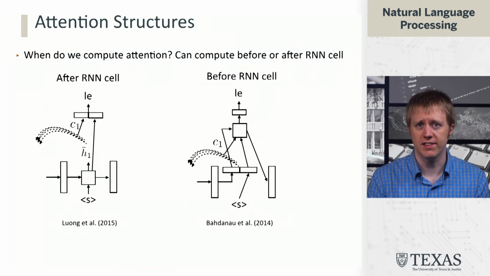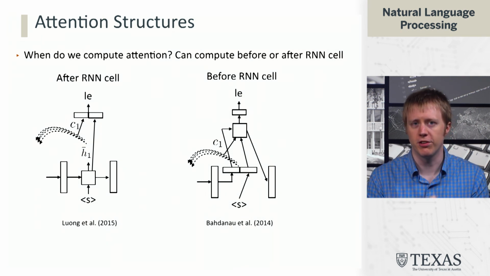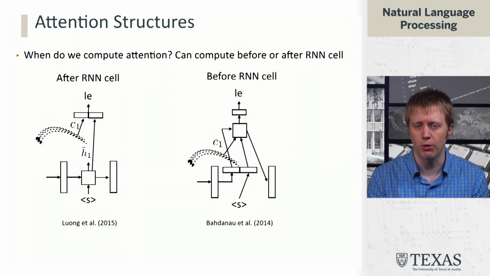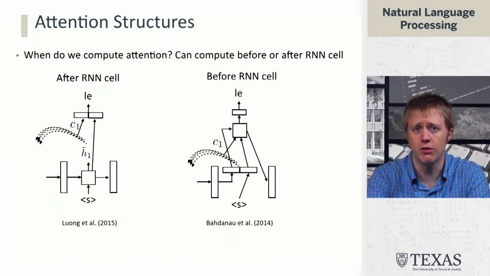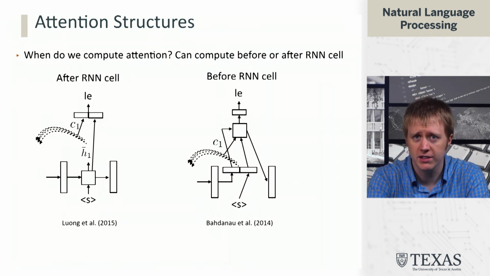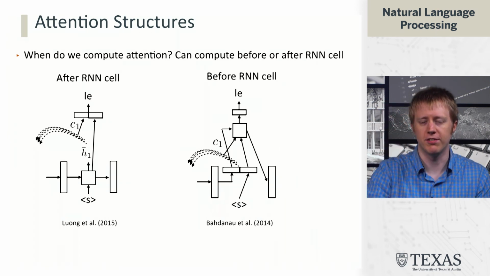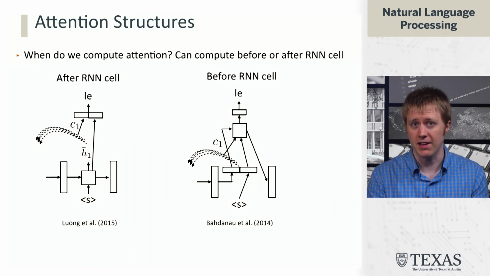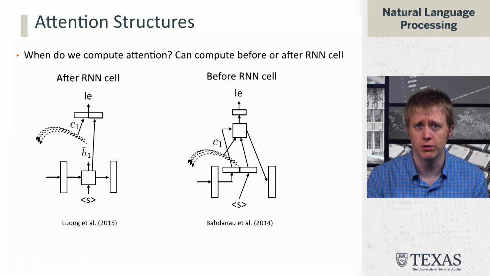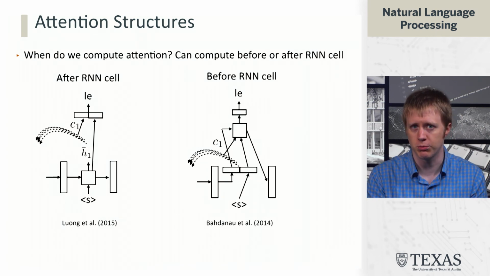You feed that into the cell and you get your output, and that RNN cell now is able to consume the results of attention, whereas before the RNN happens all before the attention computation. So these are different mechanisms. In practice, what people do is they stack up multiple layers of LSTMs anyway, and so exactly what side you put it on doesn't matter as much. But there are multiple ways to do it, and it's an empirical question which one's really better.